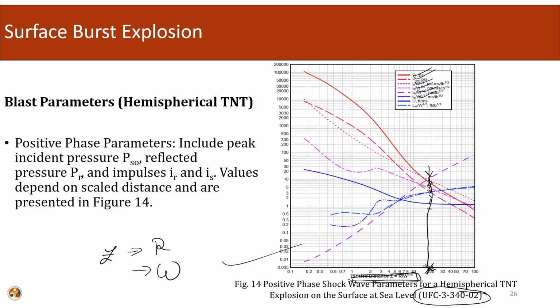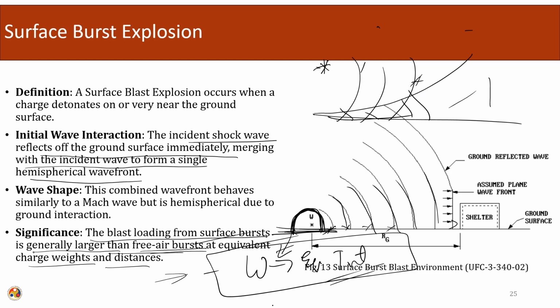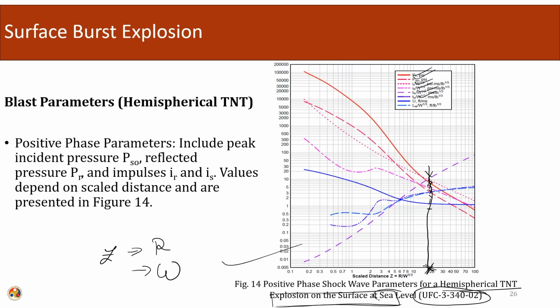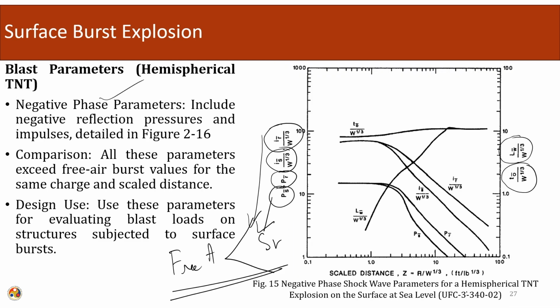Here we can see that it is written that this is for a hemispherical TNT for the surface burst, and the pressure is also maintained. This is occurring at sea level. Again, hemispherical TNT explosion at sea level.